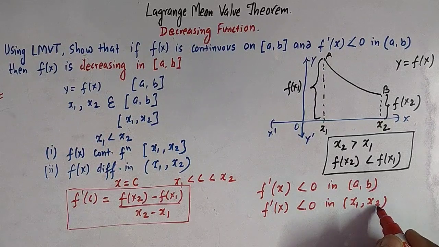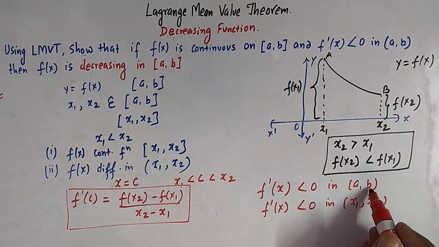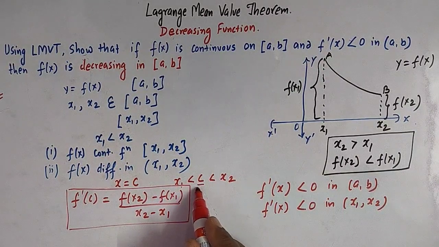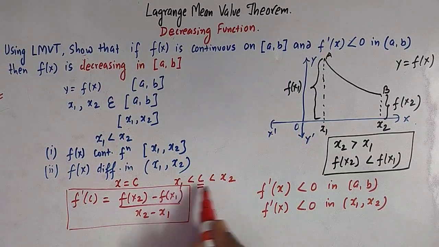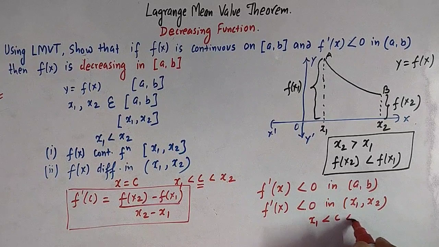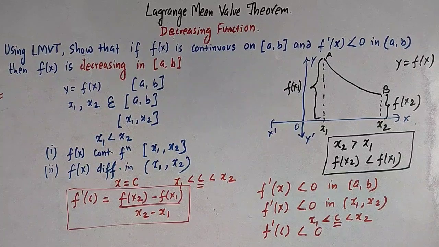Because x1 and x2 are two distinct points in the interval a comma b, right? So here c lies between x1 and x2. So obviously this derivative at this point, f prime of c, must be less than 0, right?